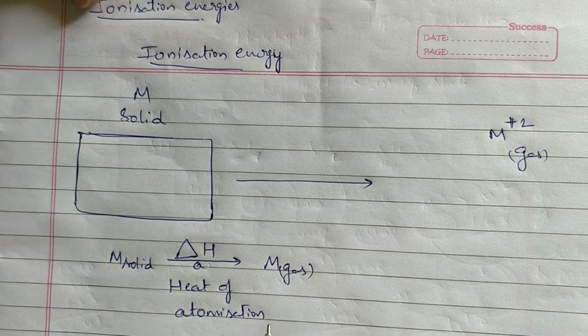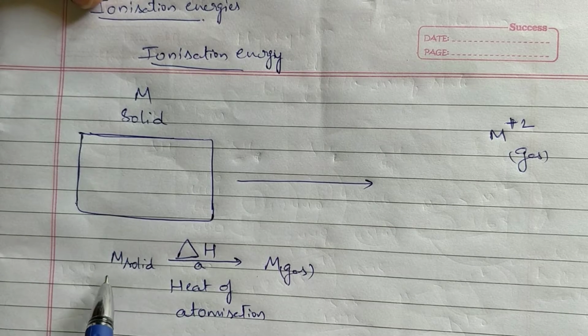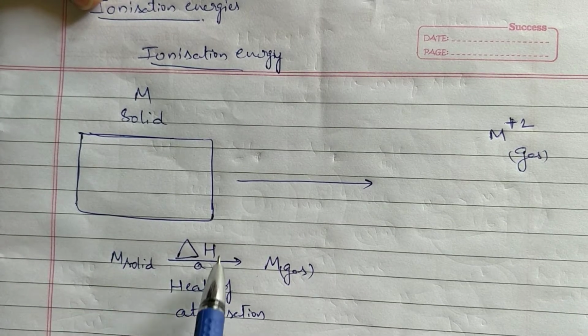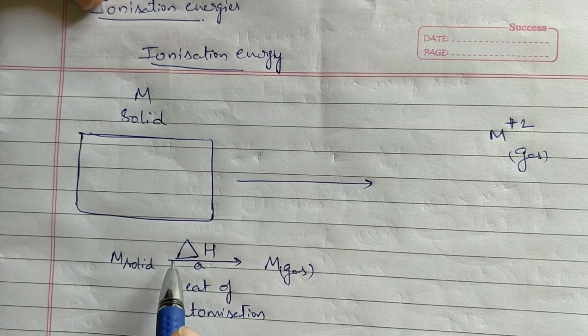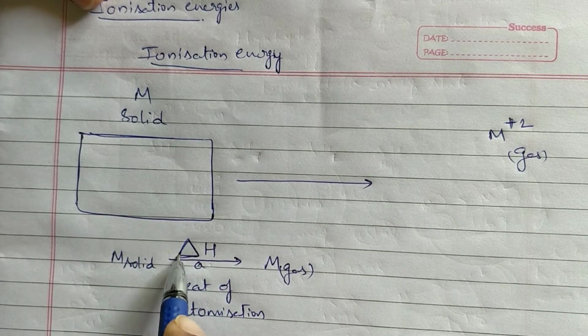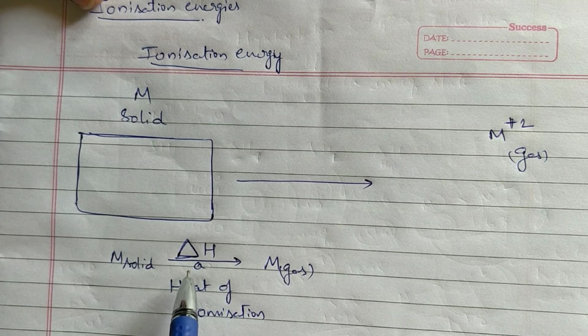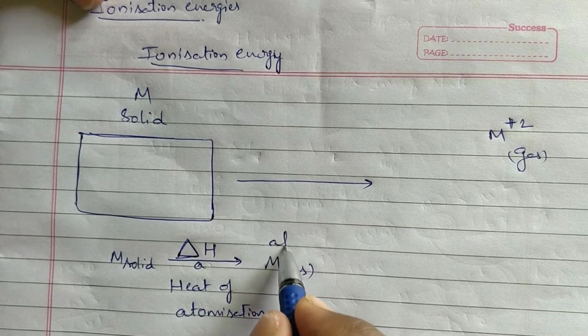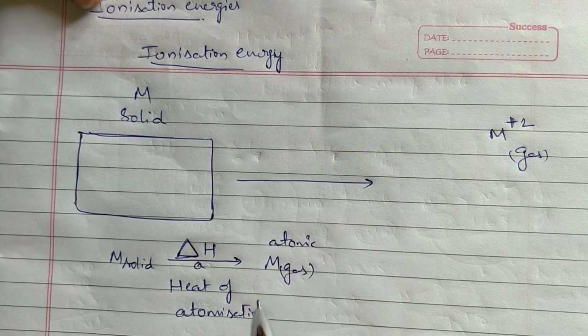What is that? Heat of atomization. Metal solid, by absorption of energy, the enthalpy of atomization or heat of atomization, represented by delta HA, will be converted to metal atoms in the atomic gaseous state.